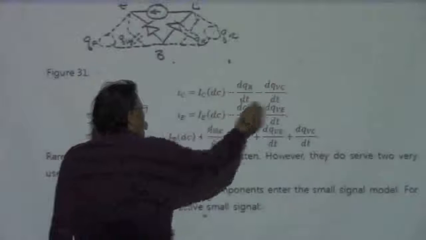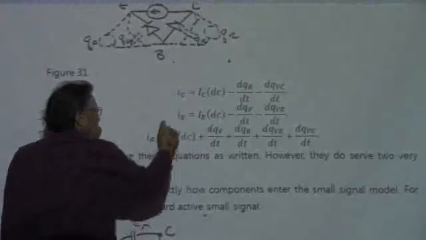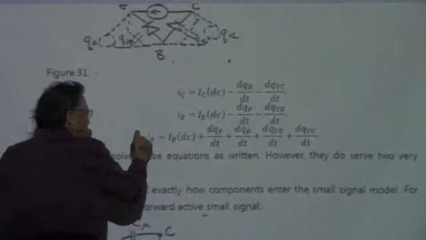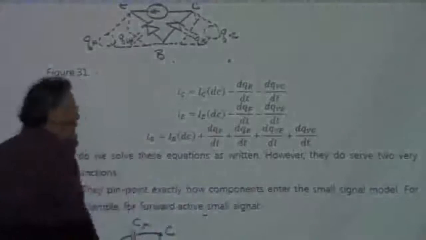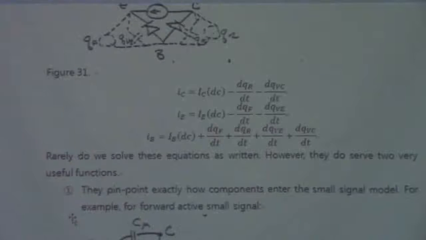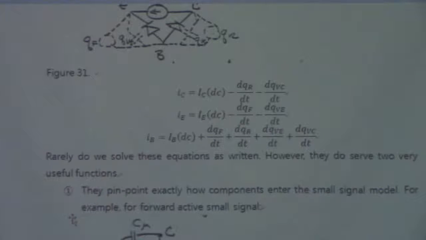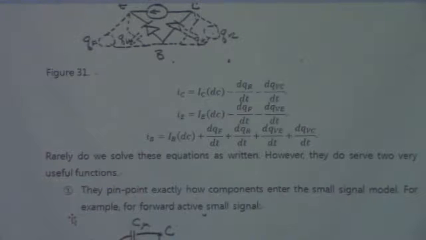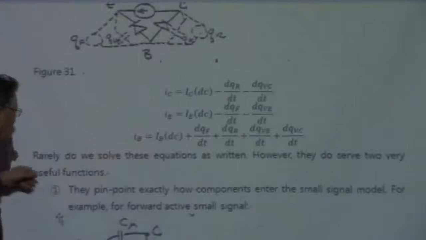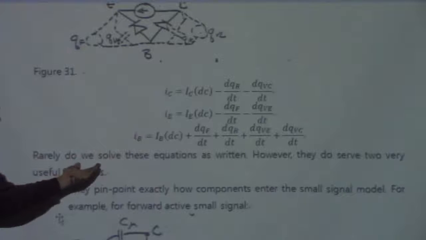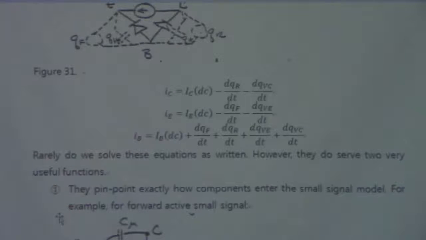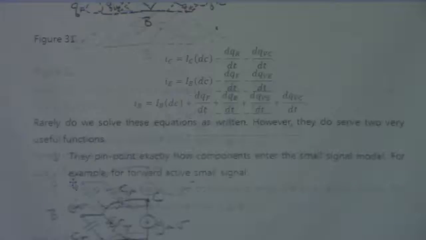Those two things are going to be added to the collector and then the emitter. And in the base, those two charges are separately related to the base current, something like this. This is very complicated, but rarely will we solve these equations as written. We don't have to. However, they do serve useful functions.